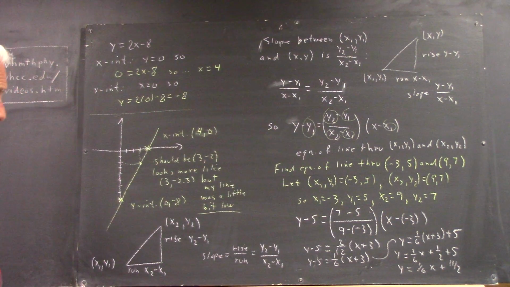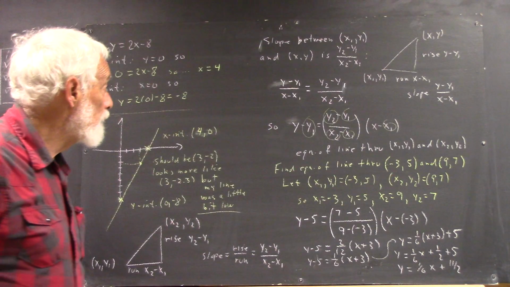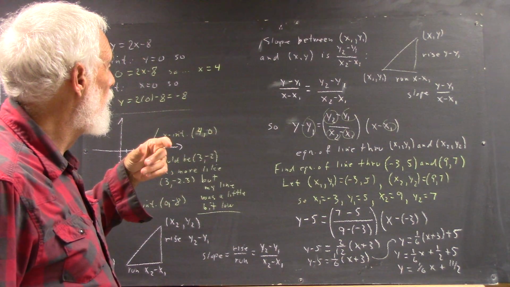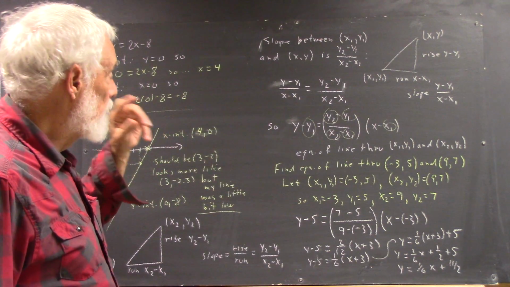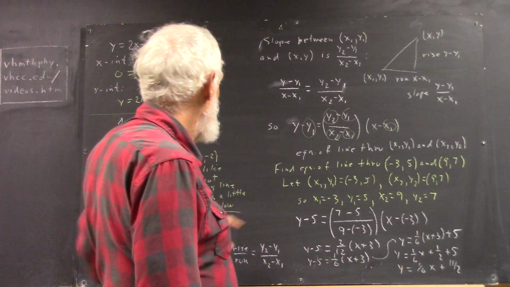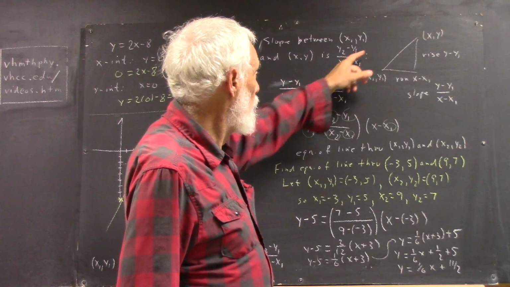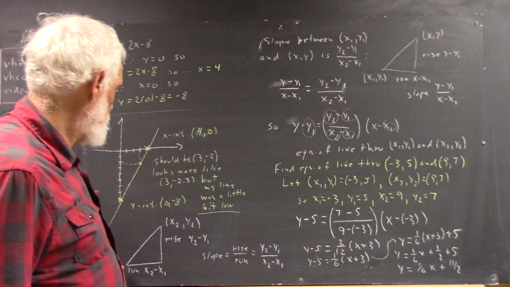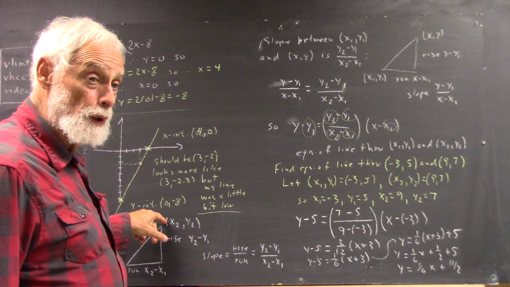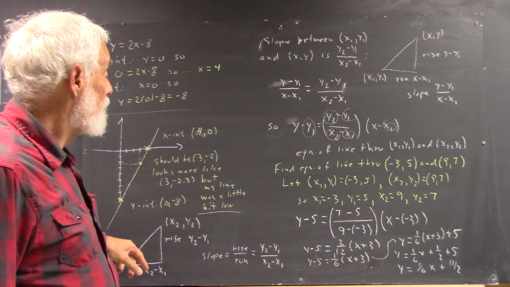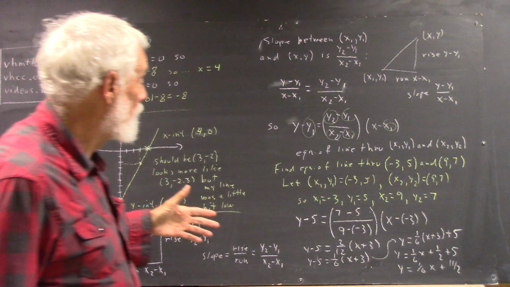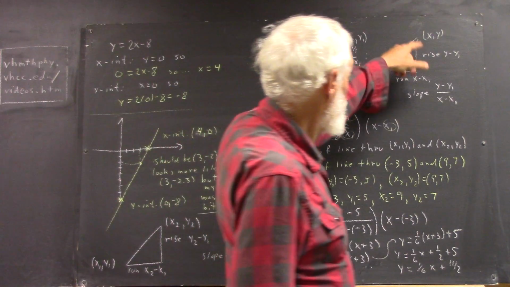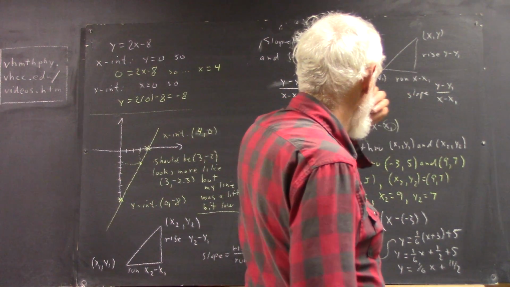Okay, now, if I want to say that the slope between x1, y1, and x, y is equal to the slope between x1, y1, and x2, y2, what's the slope between x1, y1, and x, y? Well, here's our fundamental triangle for x1, y1, and x, y.